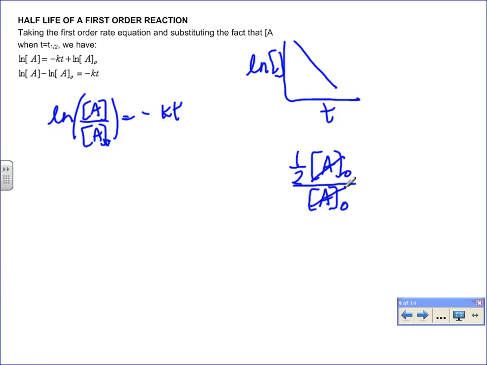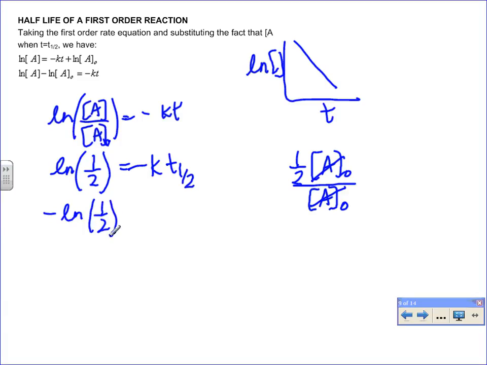Because A naught simplifies. So what we have here when we're dealing with the half-life, we've got ln of 1 over 2 is equal to negative kT of the half-life. If I move the negative over, negative ln of half is equal to k times T.